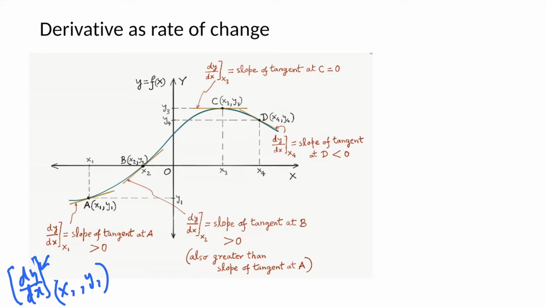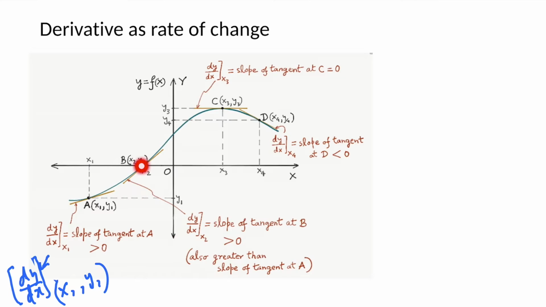And notice that the slope of the tangents are positive at points x1 and x2, the tangents to the curve of f(x). So now what does that mean? So if the slope is positive, so obviously the derivatives are positive, here at x1 and at x2.